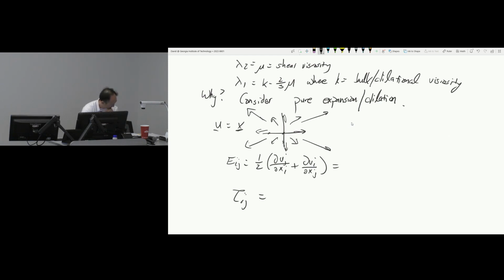What is this in index notation? u_i is equal to what? Here, we're going to just write it like this.